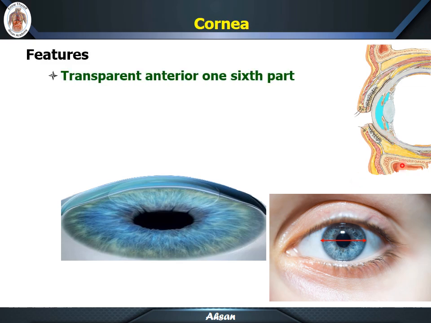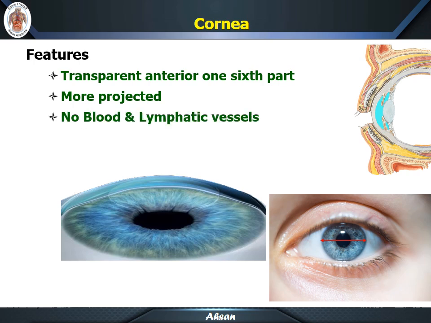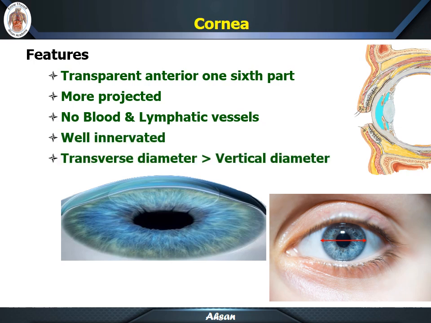The anterior part is the cornea. This is transparent and it is about one-sixth of the total area. It is a bit projected and its diameter is less than the diameter of the sclera. There are no blood vessels or lymphatic vessels for this cornea. It is well innervated and sensitive. Its transverse diameter is greater than the vertical.